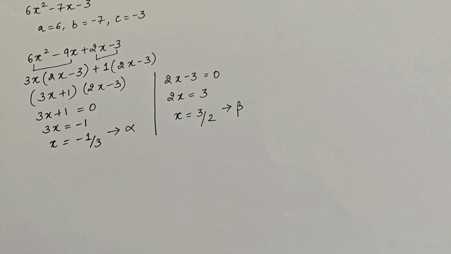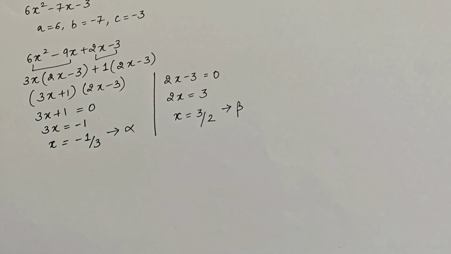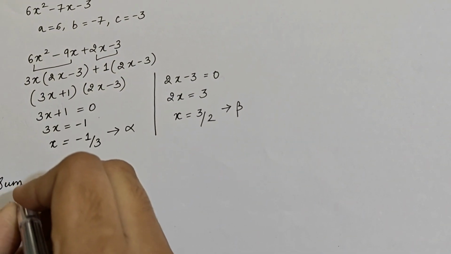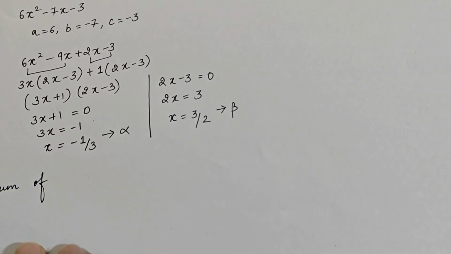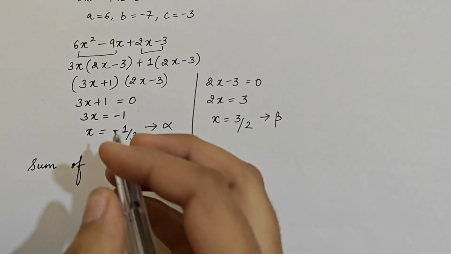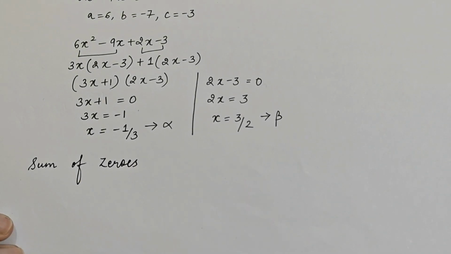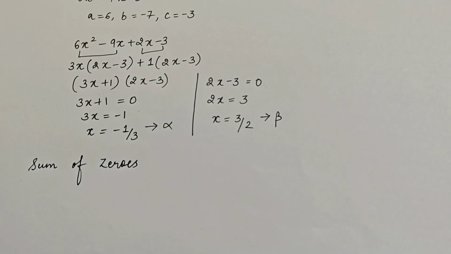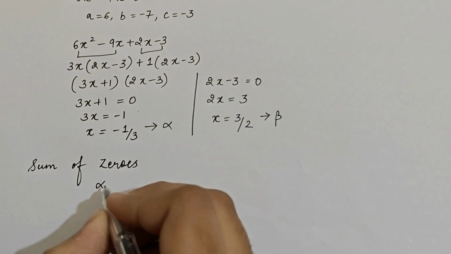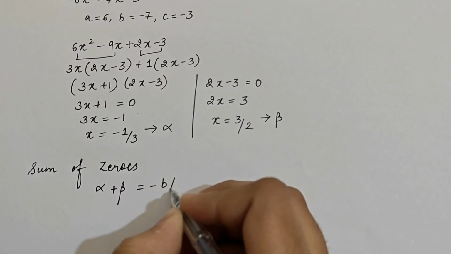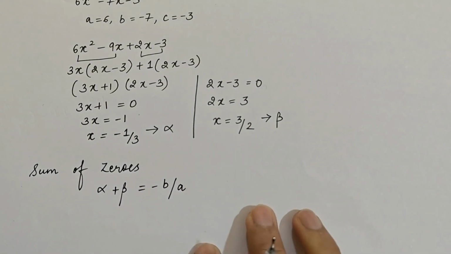Now what do we have to do? We need to verify the relationship between the zeros and the coefficients. Okay, so first of all, sum of zeros. Okay, how do we calculate the sum of zeros? Alpha plus beta should be equal to minus b by a. What is alpha?